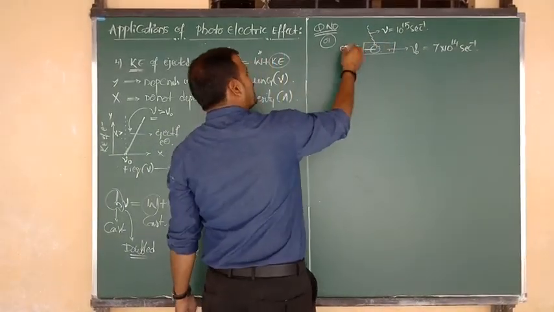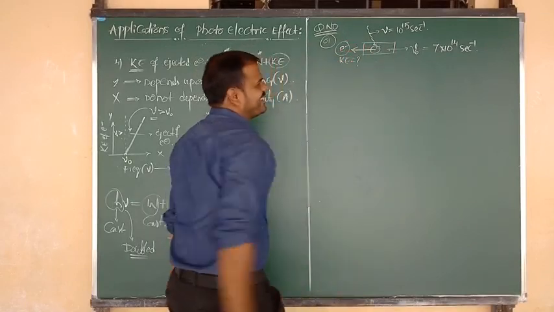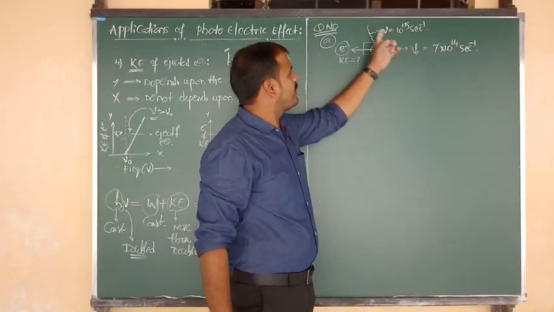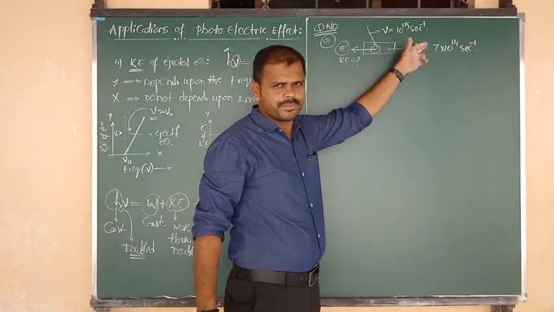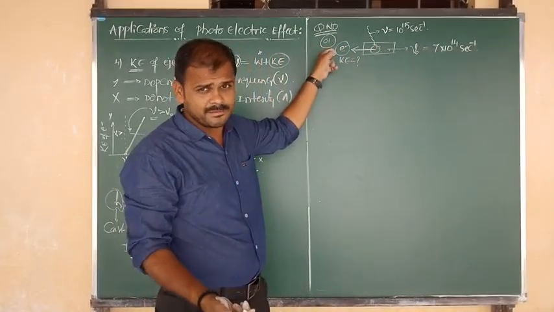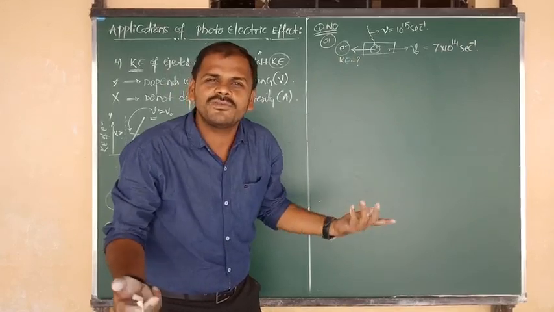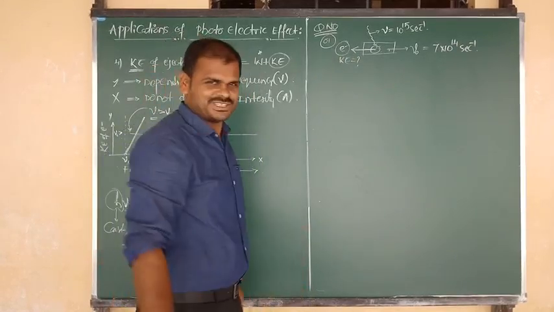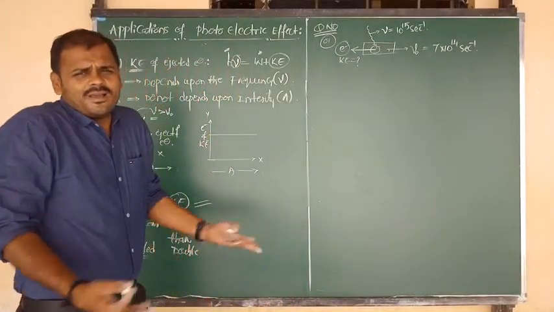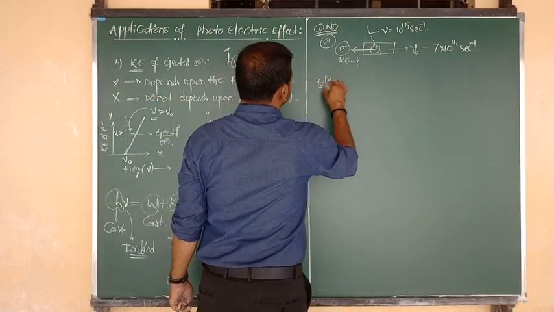That released electron has how much kinetic energy? This is the question. I hope you understand. So which equation do we have to use? Einstein's photoelectric equation. So I am going to give you the solution now.